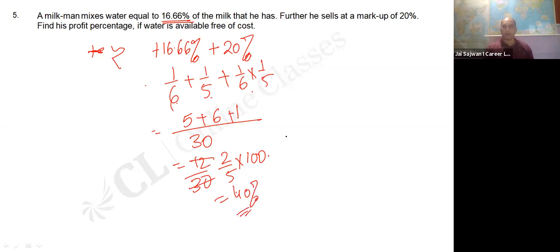The other method here is that 6 liters of milk becomes 7 liters. I'm saying 1 liter of water is added. This becomes 7 liters of milk solution. Markup, 100 rupees item, price becomes 120. So what about this? It's a profit.